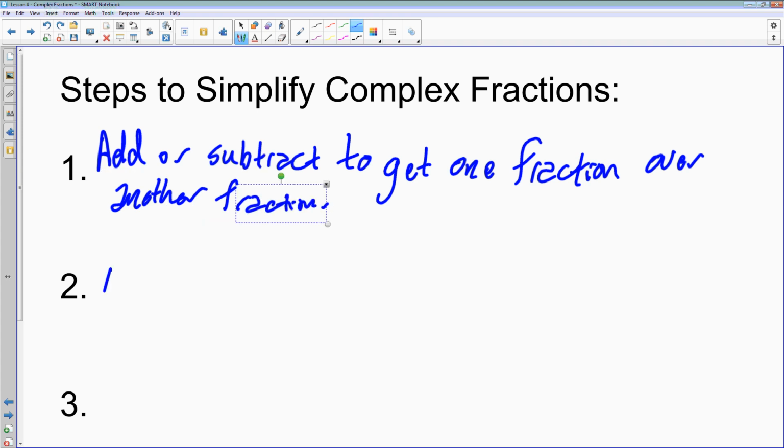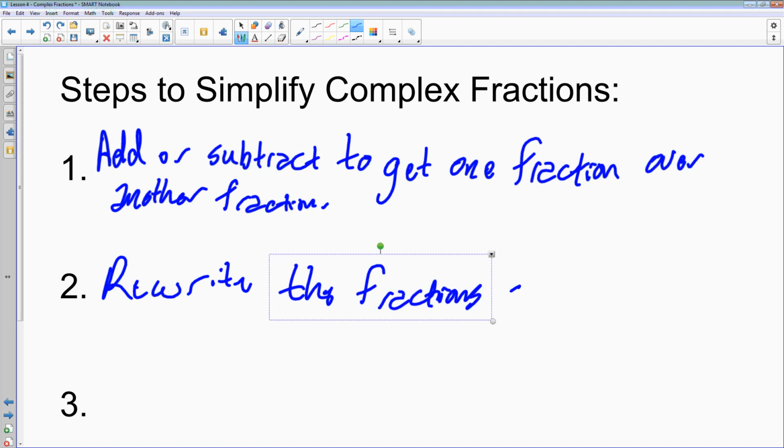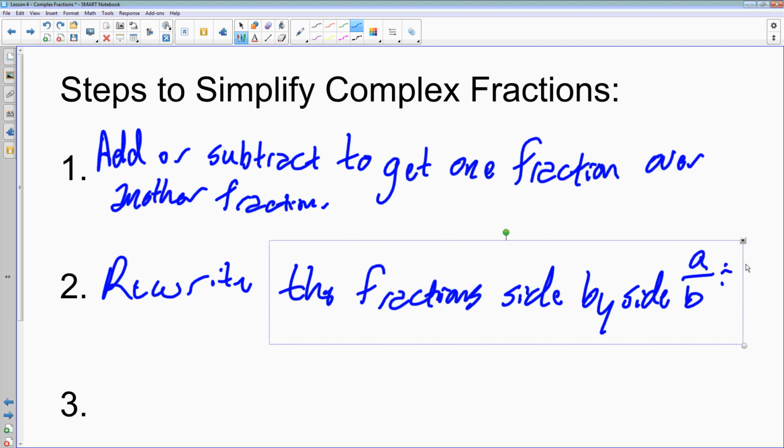And then you're going to rewrite the fractions side by side. So it'll look something like this. You'll have some A over some B divided by some C over some D. And then, of course, you're going to divide.